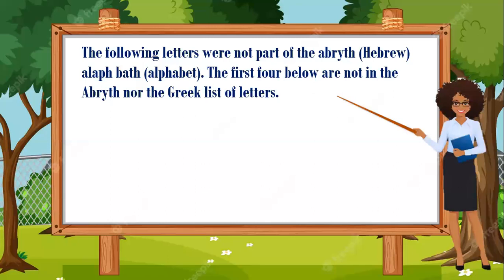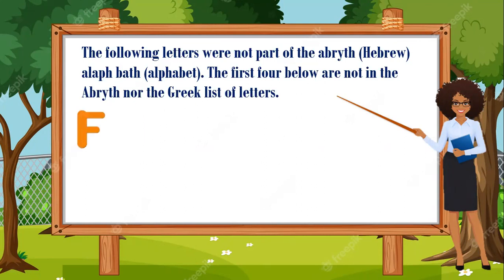The following letters were not part of the Abryth or Hebrew alphabet. The first 4 below are not in the Abryth or Hebrew 22 letters, nor the Greek list of letters.